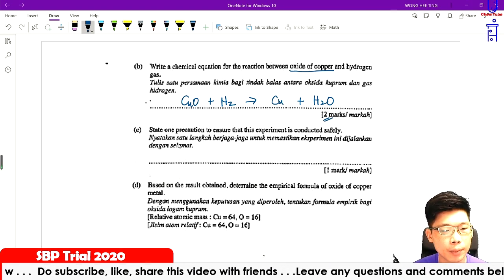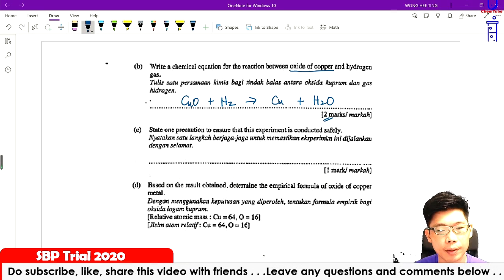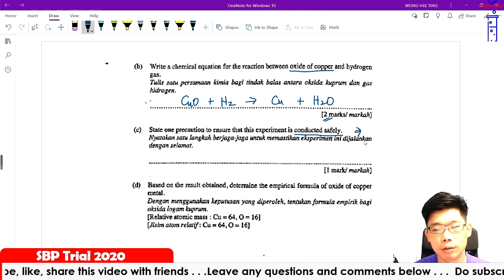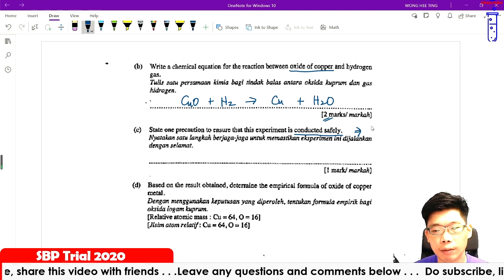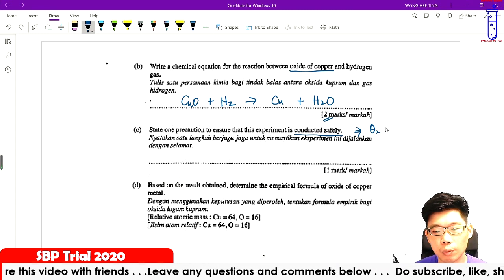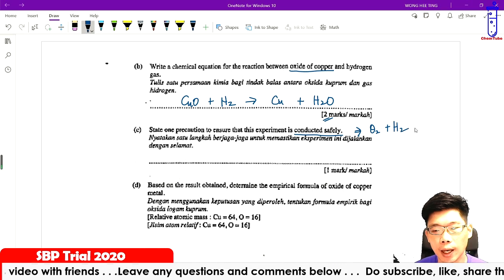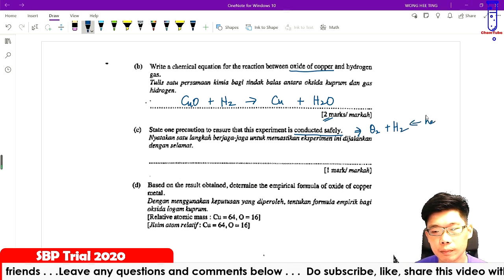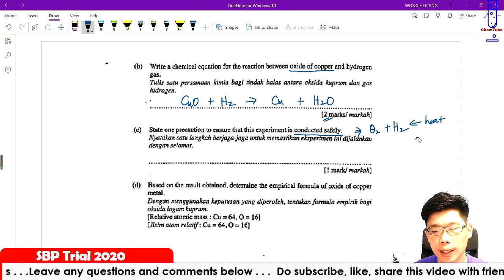Step 1, the precaution to ensure this experiment is conducted safely. Here you have to know one concept: if a mixture of oxygen with hydrogen is heated, it will cause an explosion.